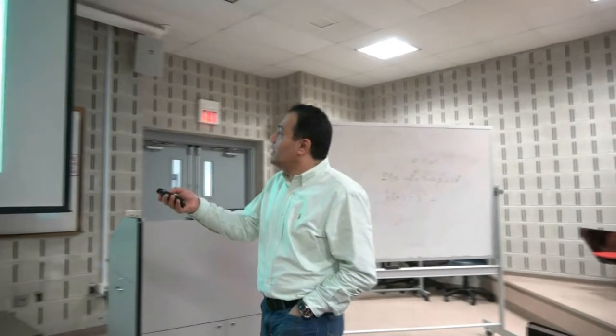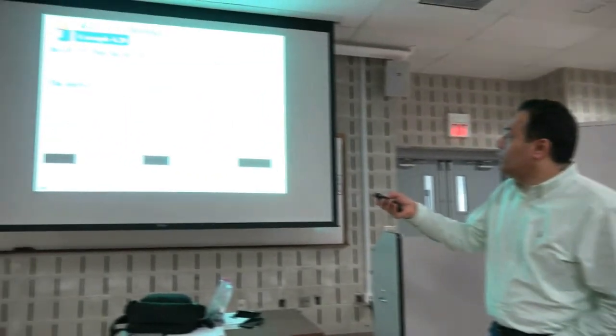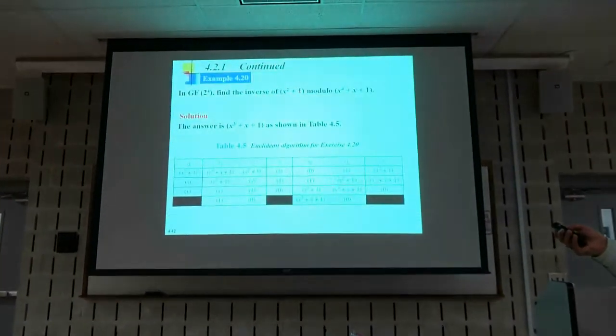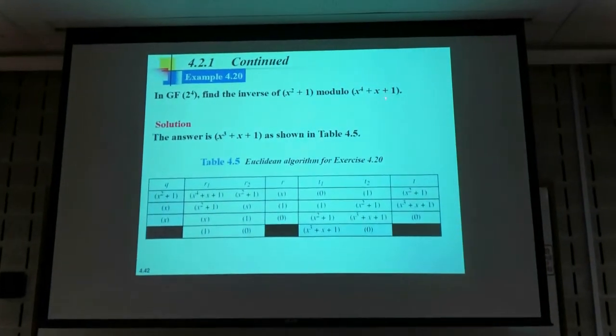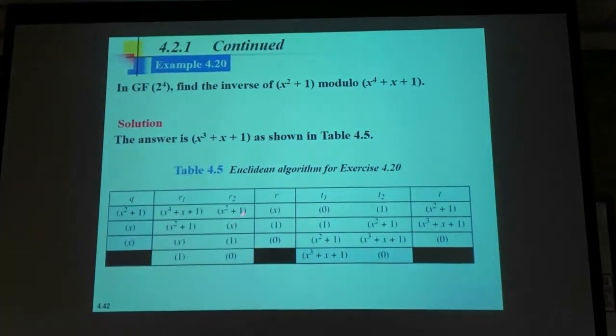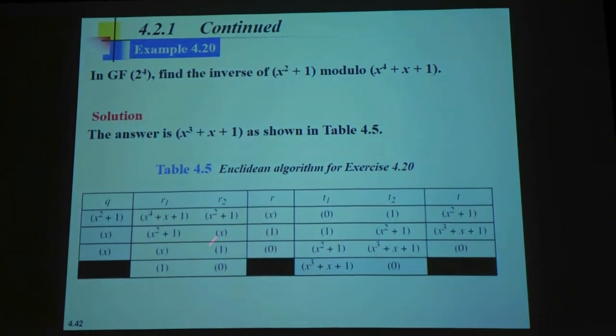Now, what other problems do we have? How to calculate the inverse. How do we calculate the multiplicative inverse? Last time, what did we use? Euclidean, extended Euclidean, right? Same thing in here. So in here, for example, if I have, this is in the field 2 to the power 4. Find the inverse of this, modulus this. All I have to do is put one of them in here and one of them here.